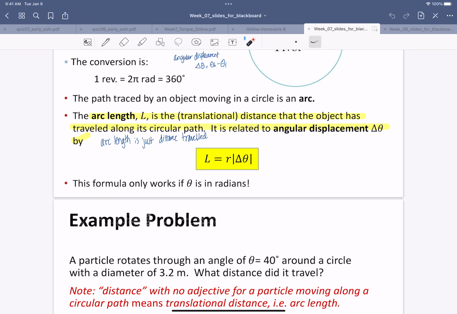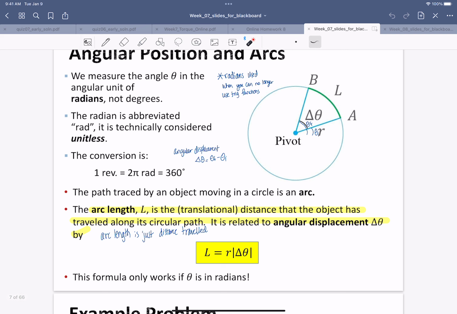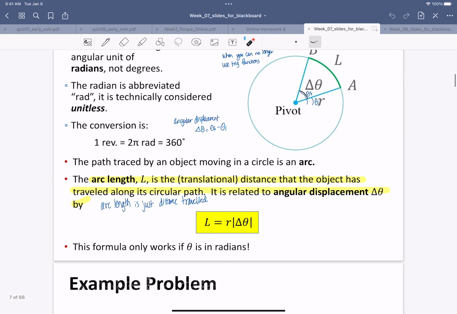Because remember, for distance, the equation was L divided by t, right? So your arc length here is your distance, and delta theta here is the rotational equivalent of that, in terms of angular position being the angle that you cover total, right? So the path traced by an object is an arc like this.